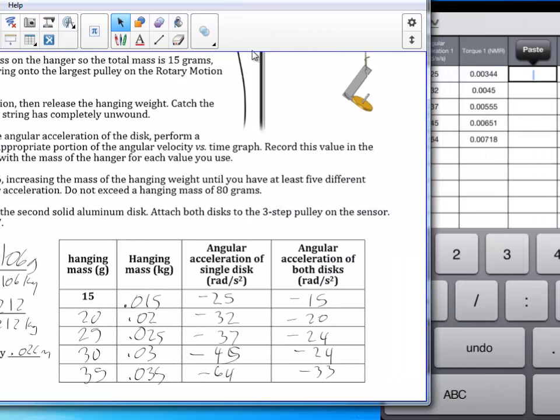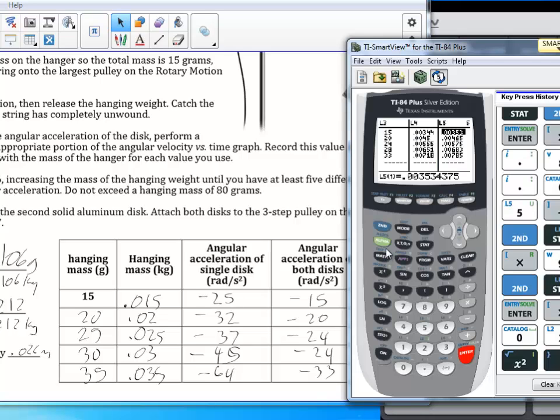I have 0.15, and then my torque 2 are my values off my calculator: 0.00353, 0.00465, 0.00575, 0.00683, 0.00785. Okay, done. And now I'm going to go back to my graphs.